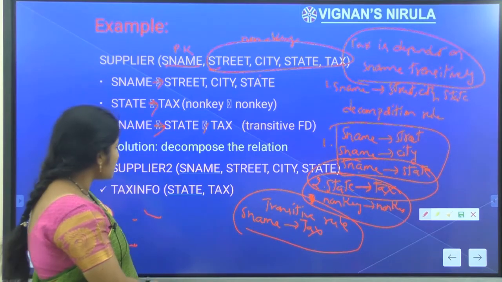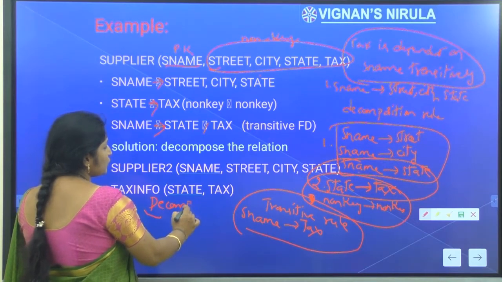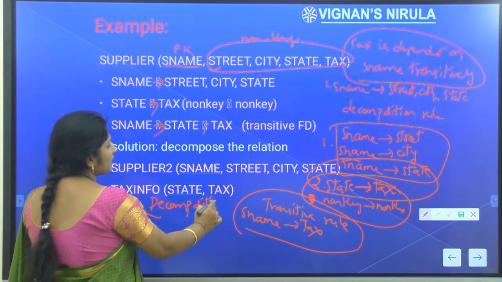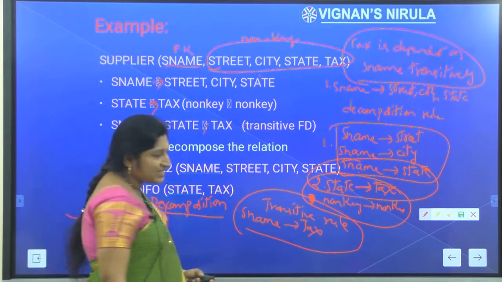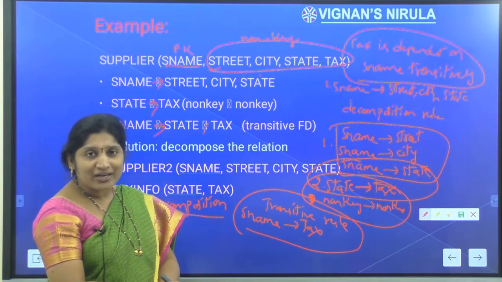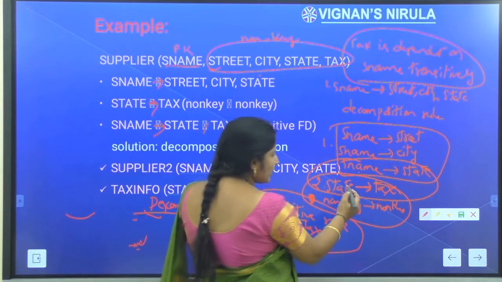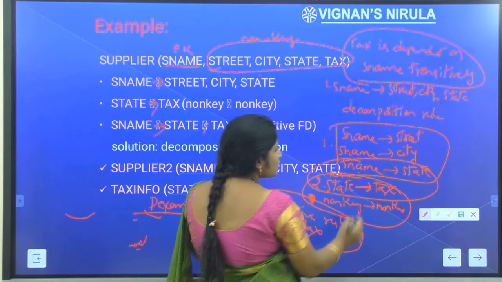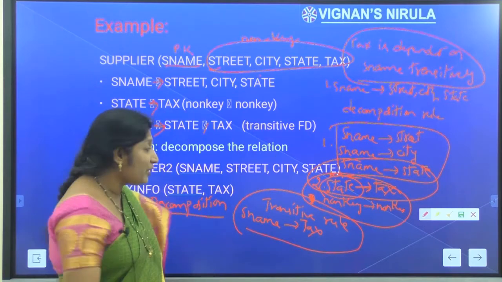The better one is to do the decomposition. How can I do the decomposition? I should make this one, state implies tax, as key to non-key but not non-key to non-key. In order to make this a key to non-key relationship, I should convert state into a key within my table.